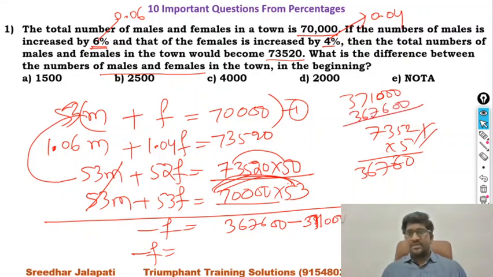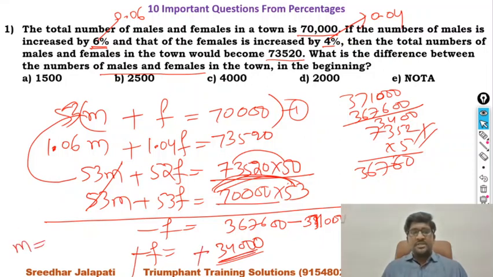On further simplification, we will be getting it as 3,400 number of female. Sorry, 34,000. So number of female is 34,000, and if I cancel minus on both sides, the number of male population becomes 70,000 minus 34,000, which becomes 36,000. You are asked to find the difference between male and female population, that is 2,000.